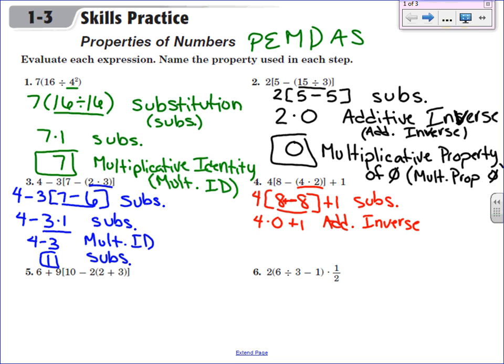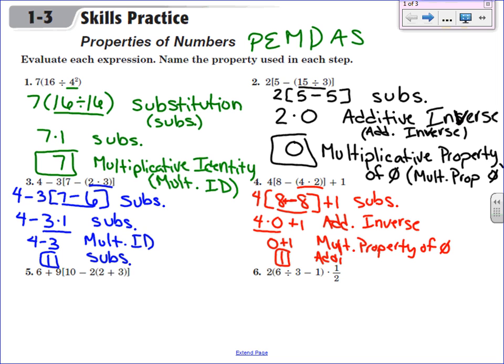Then we have multiplication next. 4 times 0 is 0. That's the multiplicative property of 0 that we used in the problem above this one. Mult prop 0. And then 0 plus 1 is 1. And that's the additive identity.